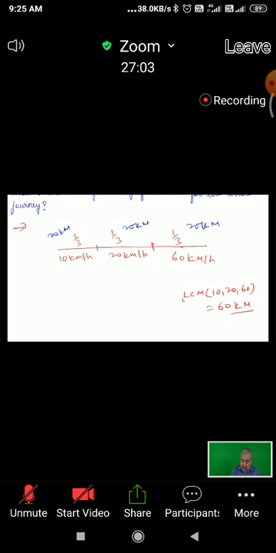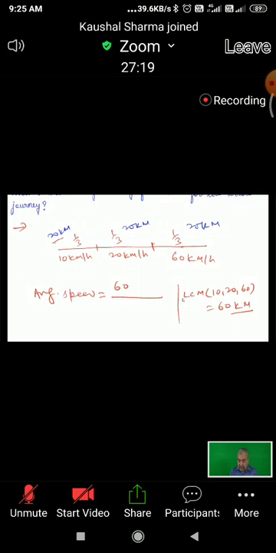So average speed is total distance traveled, 60 kilometers, divided by the time taken. For the first 1/3 distance, 20 kilometers, time taken is 20 by 10, distance by speed, that is 2 hours. Next 20 kilometers with a speed of 20 kilometers per hour, time taken is 20 by 20, 1 hour.